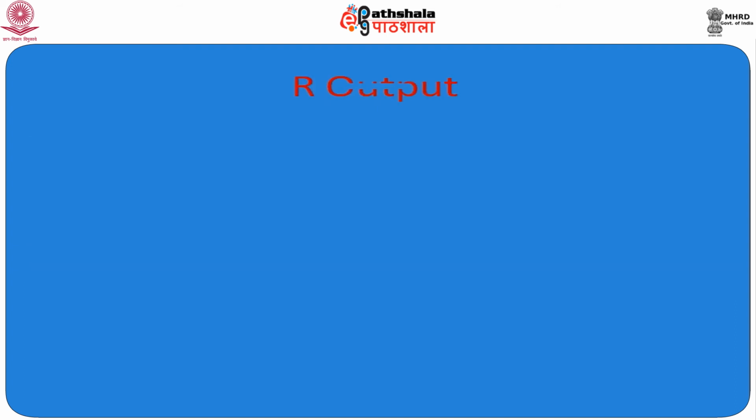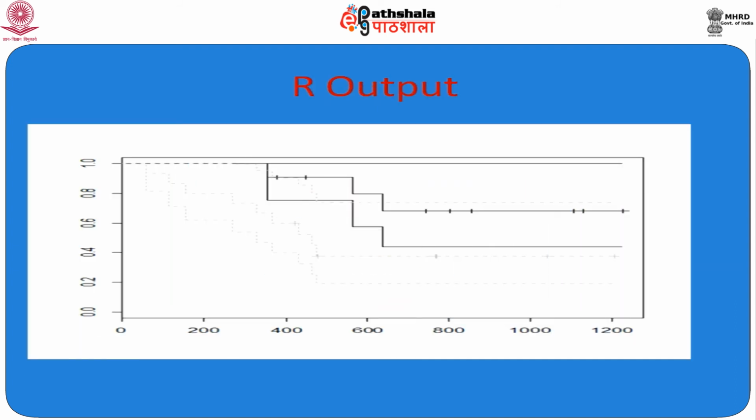This is the numerical output and this is the R output. It is to be noted that, as mentioned in Machin, Cheung and Parmar's survival analysis book, there is a slight difference between the log-rank test method and the Mantel-Haenszel test method for computing the hazard ratio.